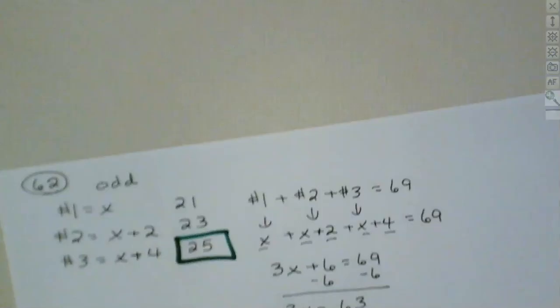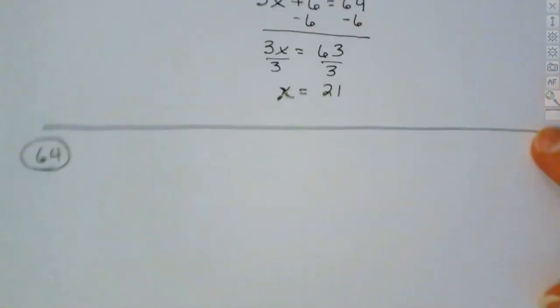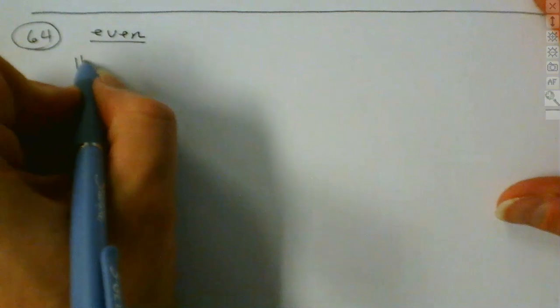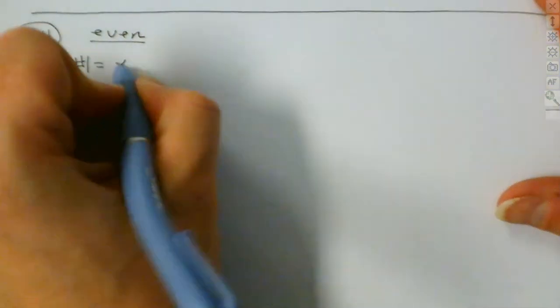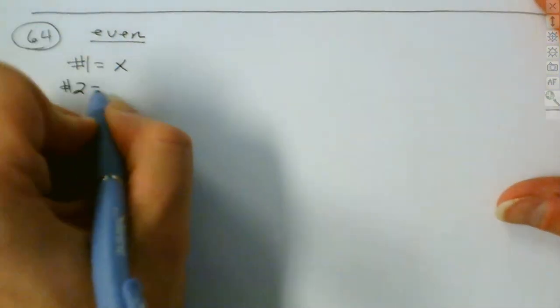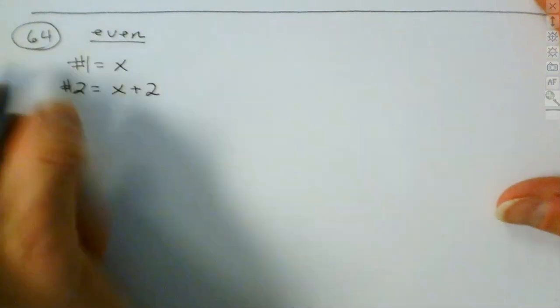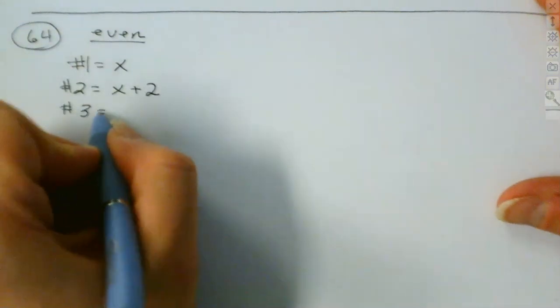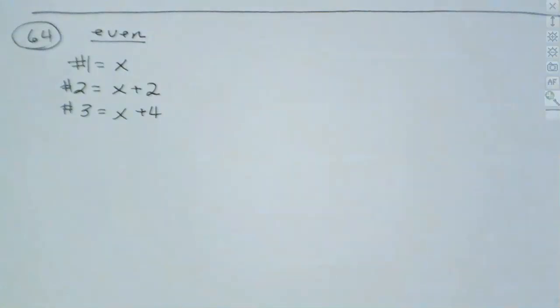So when I read it, I saw that we needed 3 integers and they are even. And if we have even integers, that means my gap is 2. So let's go ahead and write that out. So we add 2 every time. So there they are, all 3 of them.